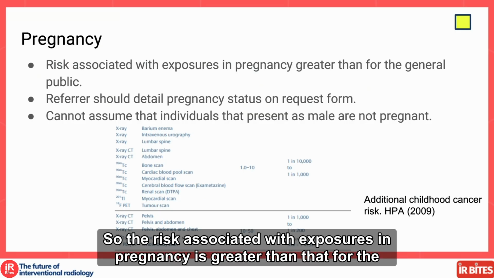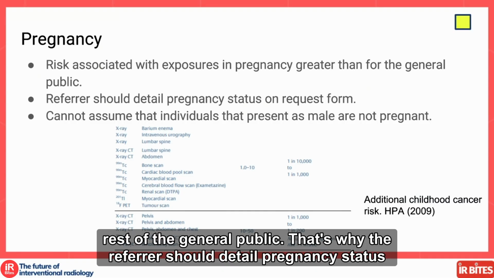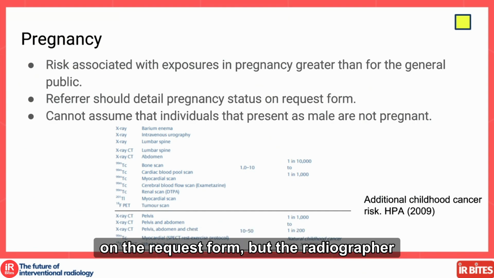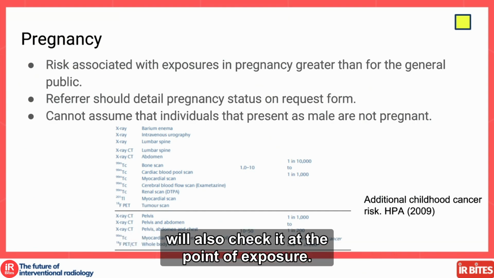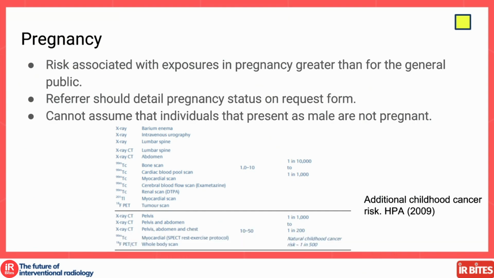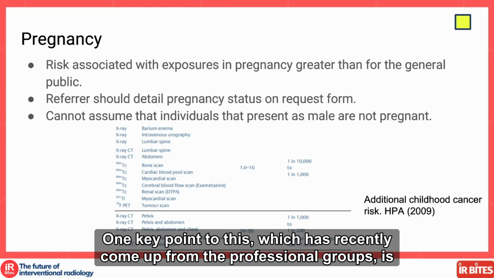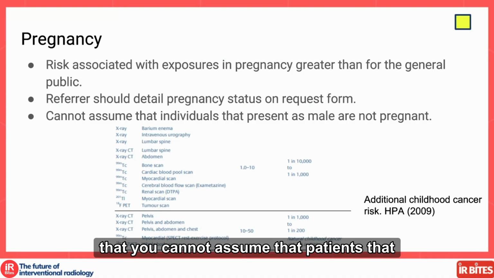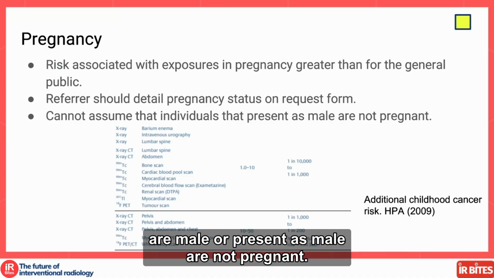So the risk associated with exposures in pregnancy is greater than that for the rest of the general public. That's why the referrer should detail pregnancy status on the request form, but the radiographer will also check it at the point of exposure. One key point, which has recently come up from the professional groups, is that you cannot assume that patients that are male or present as male are not pregnant.